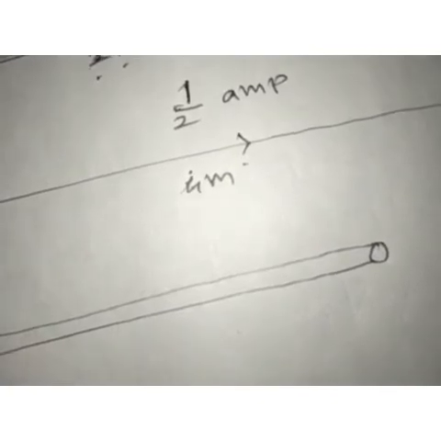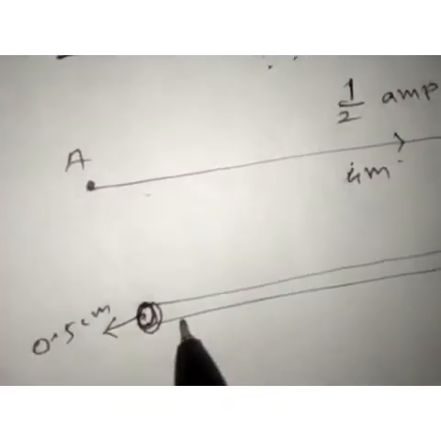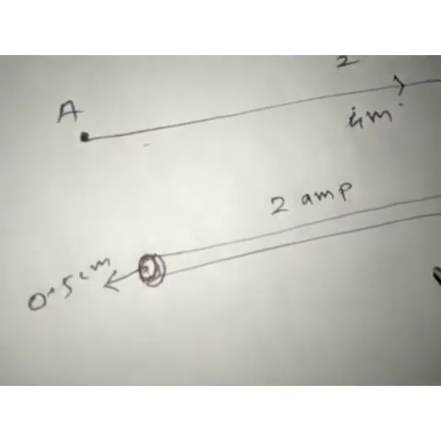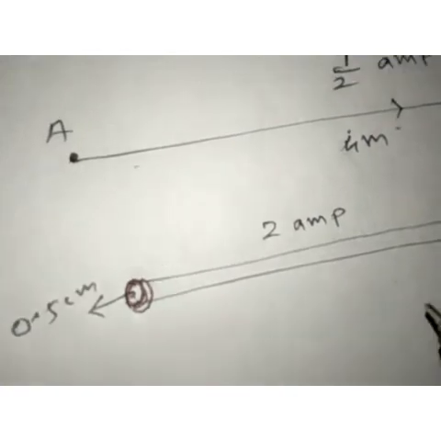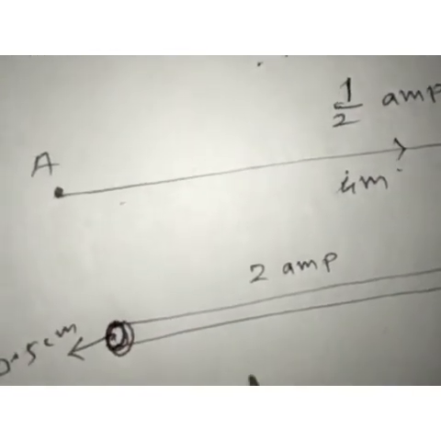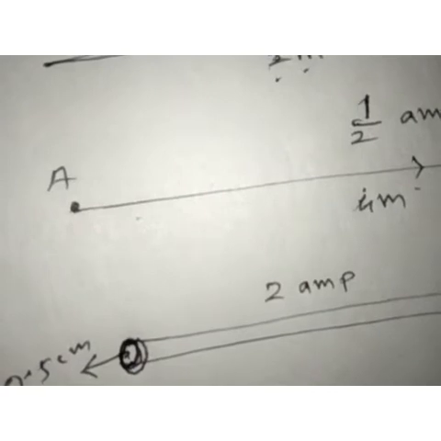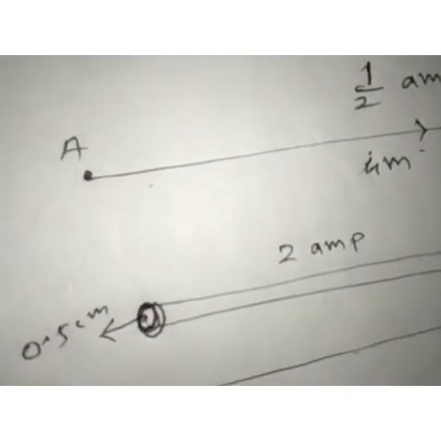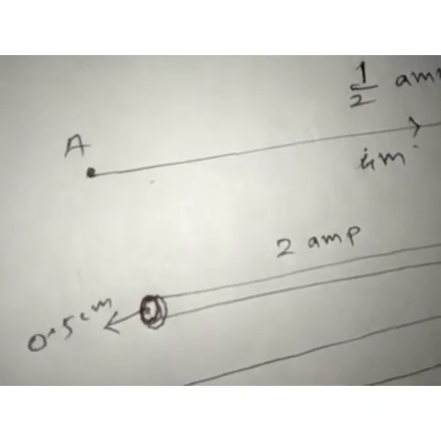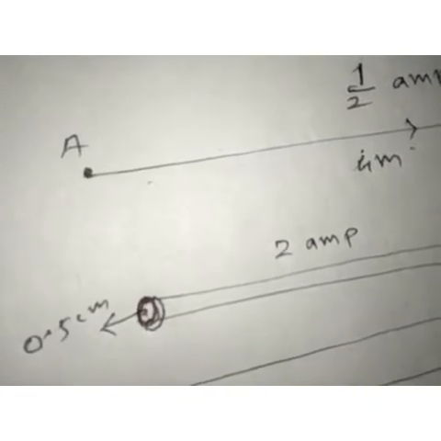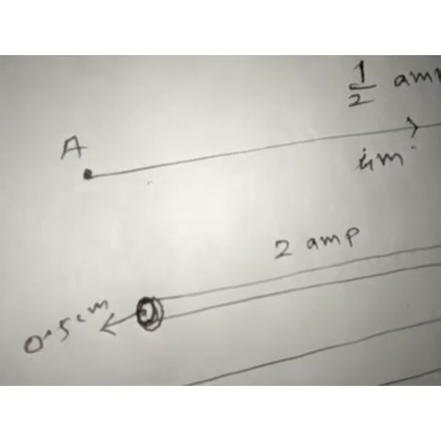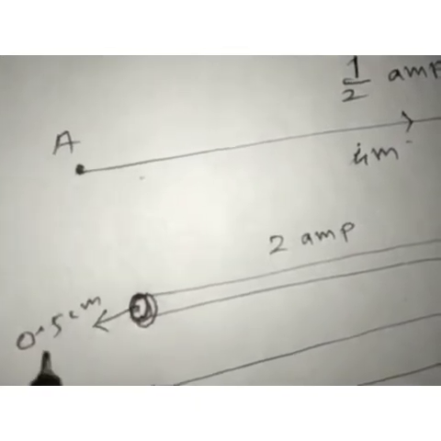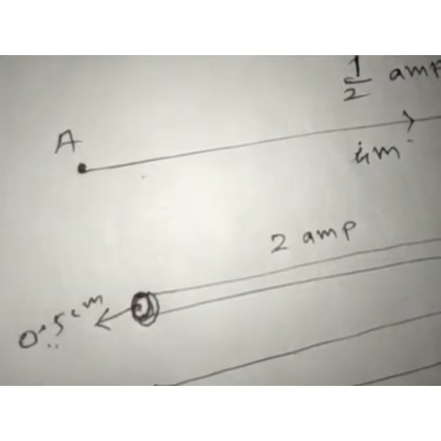Suppose through this wire 2 ampere current is passing. If you extend the area of cross section of the conductor, but length is the same, suppose the radius becomes 1 centimeter. First time it was 0.5 centimeter, now 1 centimeter.